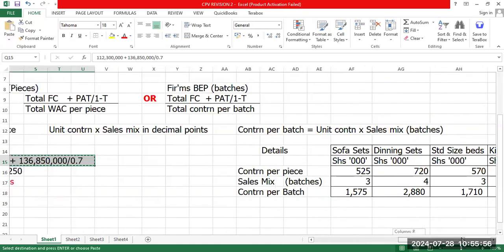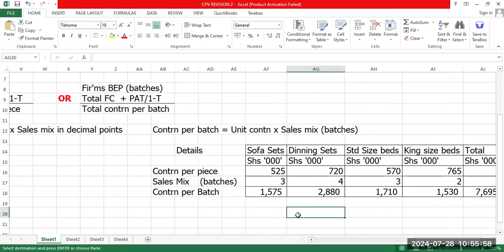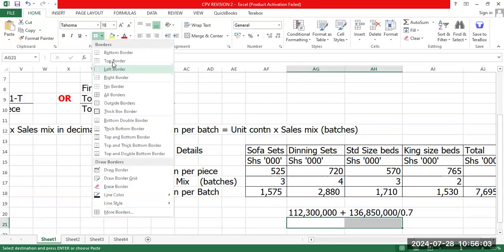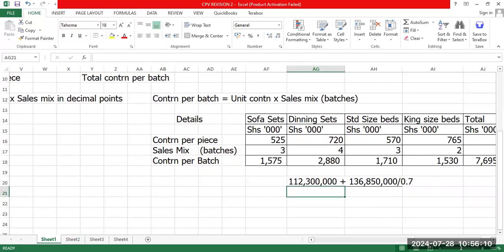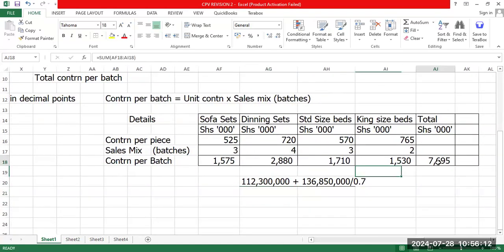Then we divide by total contribution per batch, which is this one. And this figure is in thousands. So it is 7,695,000.